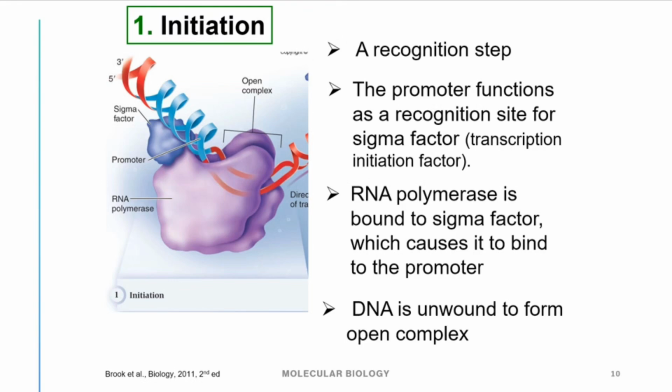Now, after the sigma factor recognizes and binds to the DNA at the promoter region, it will then cause the RNA polymerase to also bind to the sigma factor as well as the DNA at the promoter region, and this would cause the DNA to start to unwind to form the open complex.